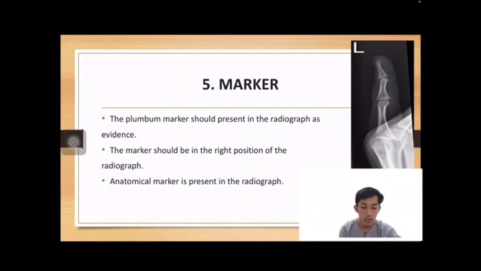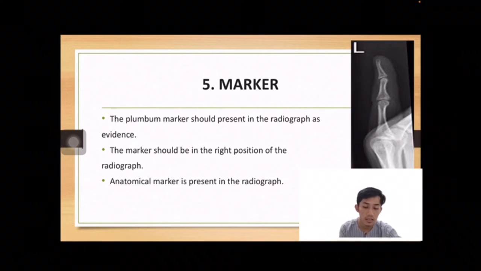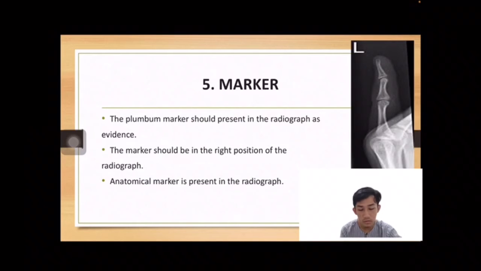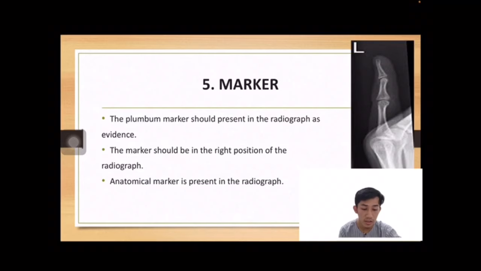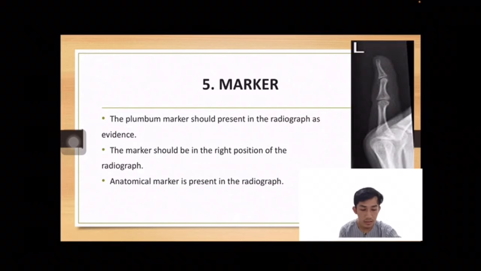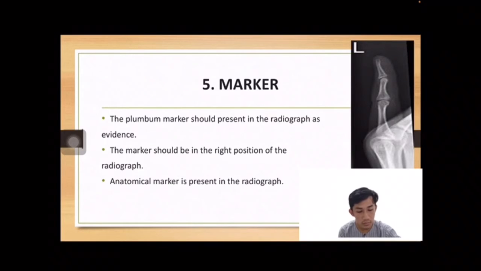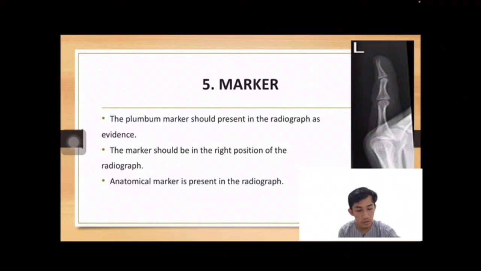Fifth is the marker. Image markers should be placed so that they are not superimposed over essential anatomy. The palmar marker should be present in the radiograph as evident. The anatomy marker is present in the radiograph.